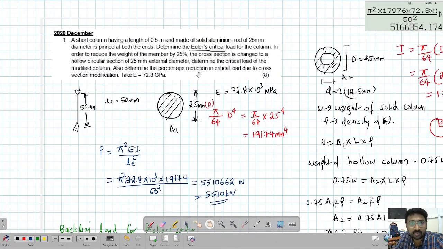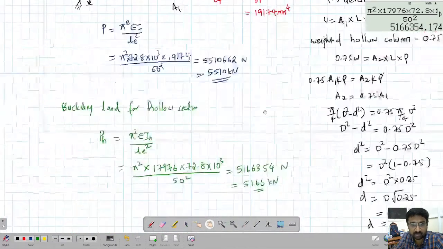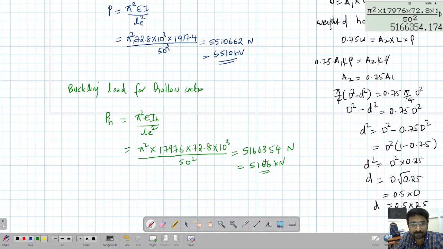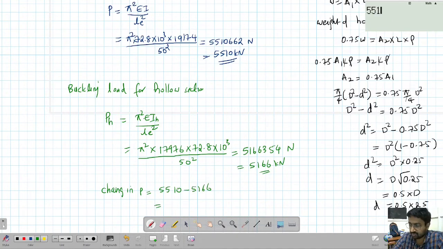Now also find the percentage reduction in critical load due to cross-section modification. What is the percentage reduction? It is nothing but the change. So the change in P is 5510 minus 5166, which is 344 kilonewton.